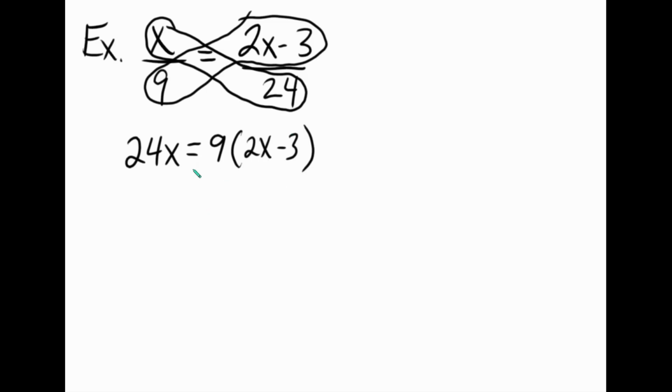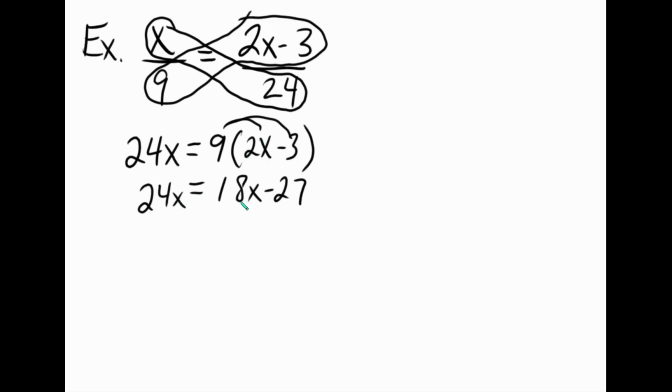Okay, well now think back to our multi-step equations. In order for me to start solving for x, I need to distribute this 9 to every term that's on the inside of the parentheses. 9 times 2x is 18x. 9 times 3 is minus 27. Bring down 24x.